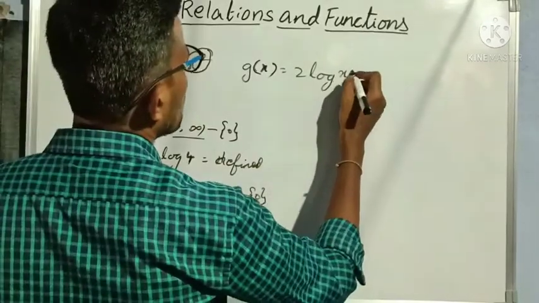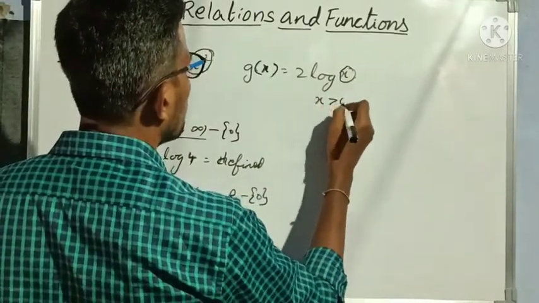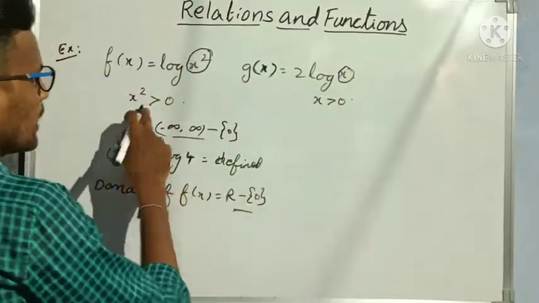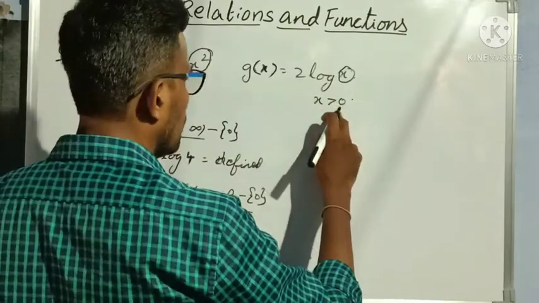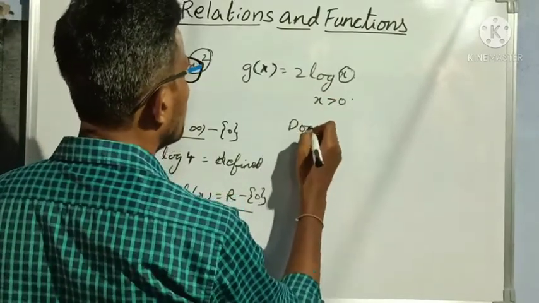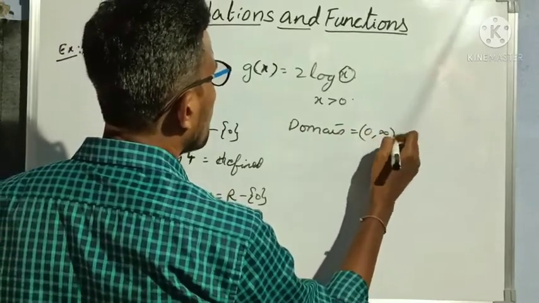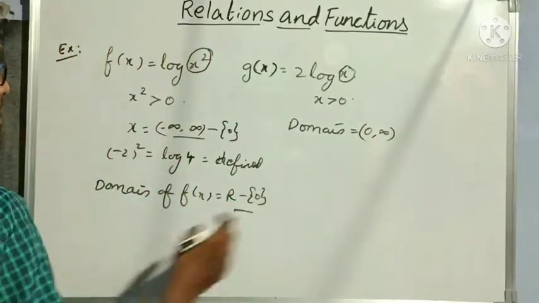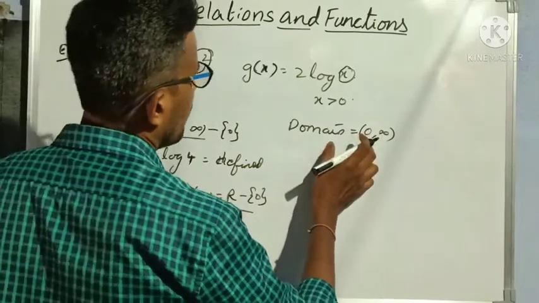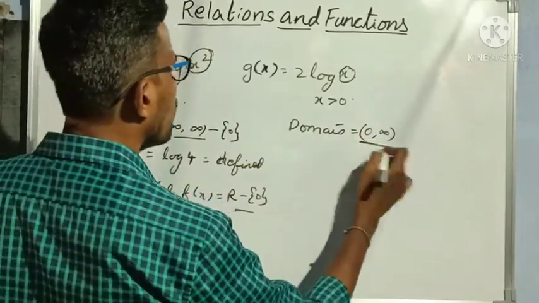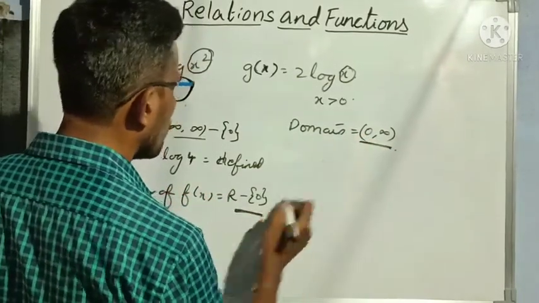Next g of x. So here also my x value should be greater than 0, right? Here x square should be greater than 0, but here x should be greater than 0. So only positive values I should take. So 0 comma infinity. Okay, this is my domain, right? So my domain here is 0 comma infinity, but here R minus 0, both are equal?